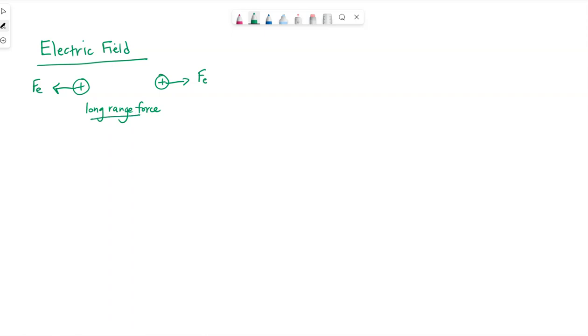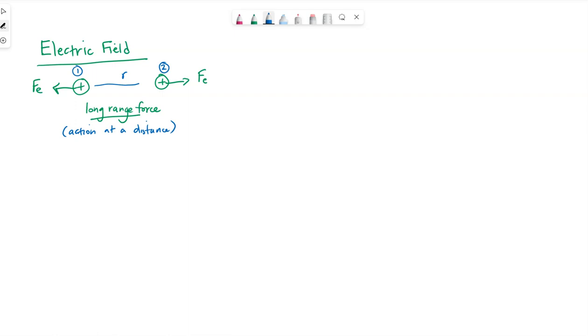But of course, we did deal a lot with gravity, which is a long-range force. You may have heard it referred to sometimes as well as action at a distance. I've heard that terminology before, where this charge 2 over here is experiencing the force even though it's some distance r away from charge 1.